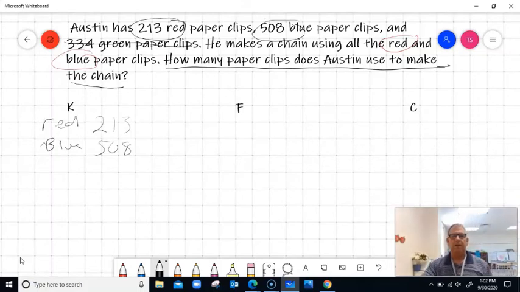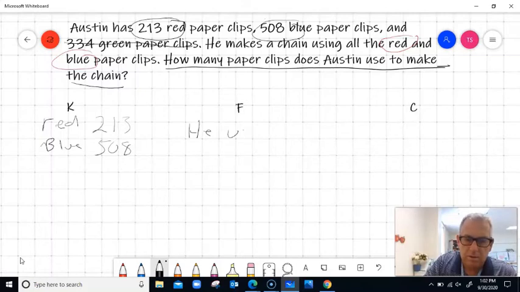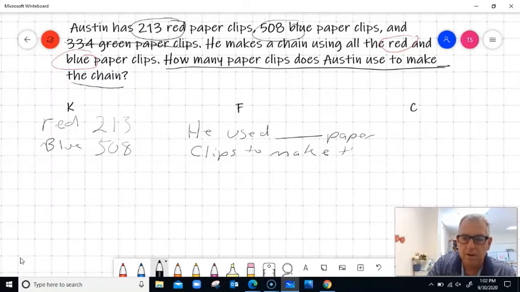So basically I'm going to take that question and turn it into a statement. So I will say, he used blank paper clips to make the chain.